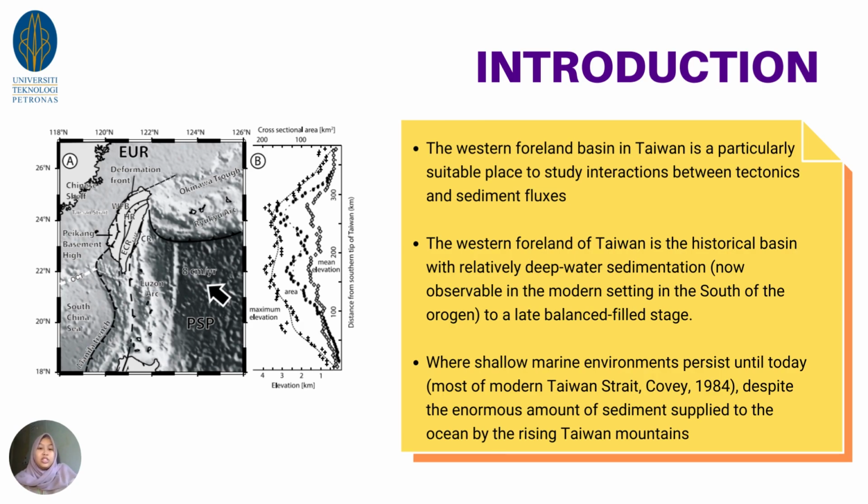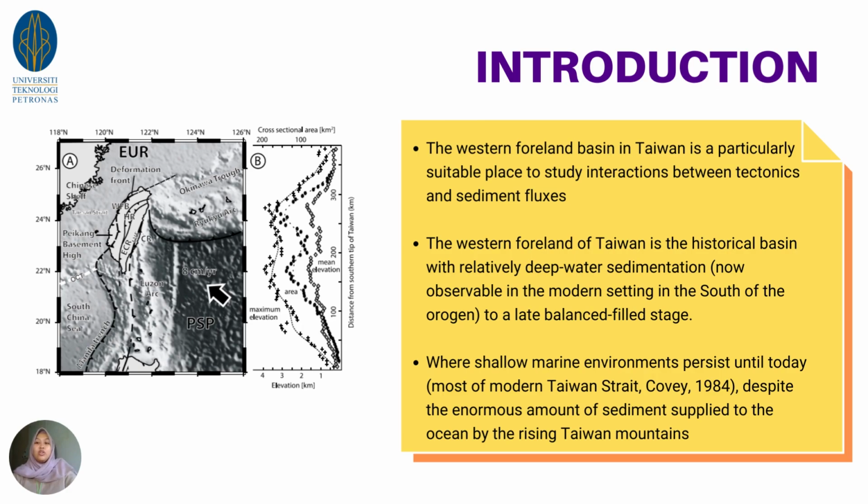As for now, observably in the modern setting is in the south of the orogen, a late underfilled stage, where the shallow marine environment persists until today, despite the numerous amount of sediment supply to the ocean by the rising Taiwan Mountains.